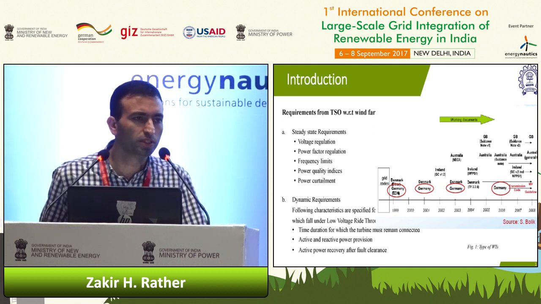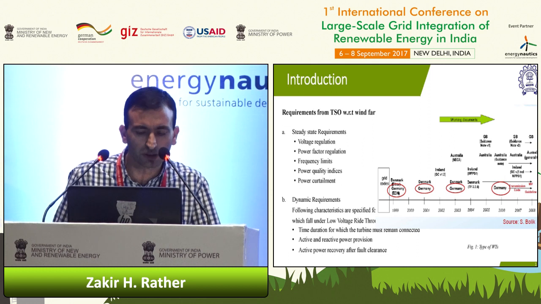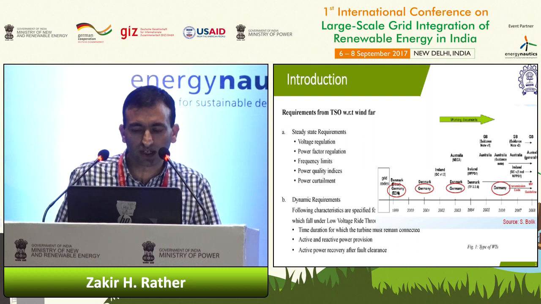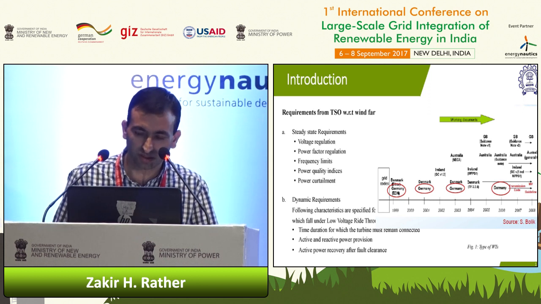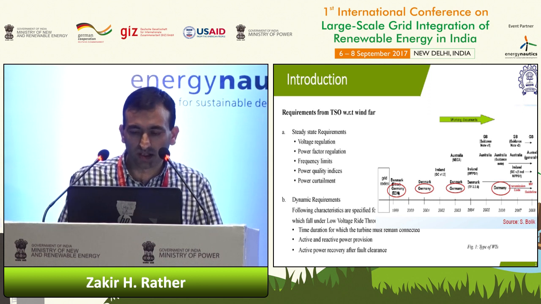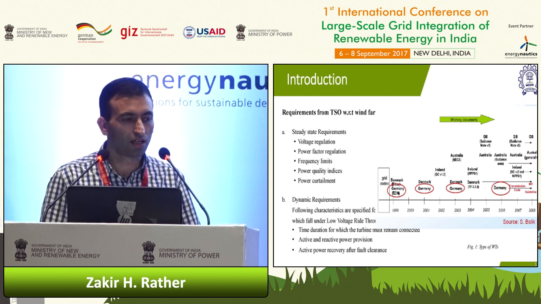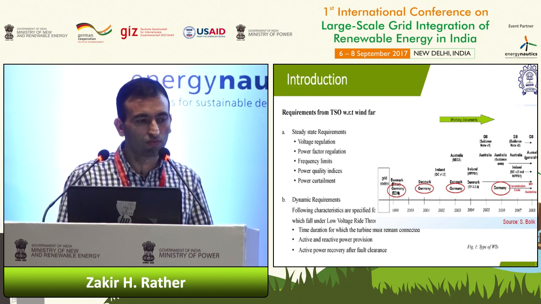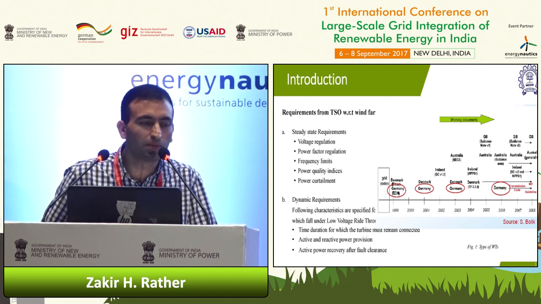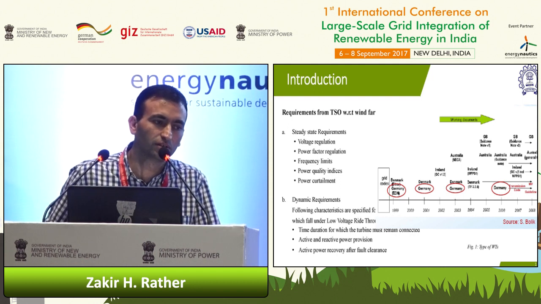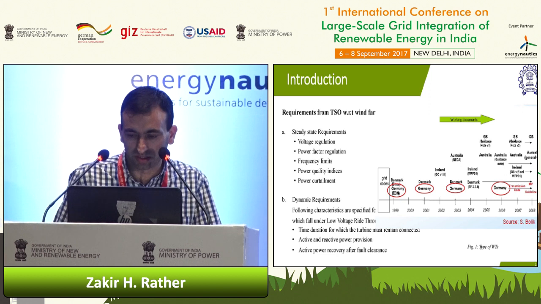E.ON, who used to be one of the TSOs in Germany, started it there, and the Danish TSO, Elkraft, now Energinet. Initially it was what we consider a lenient LVRT requirement, in the grid code requirements.